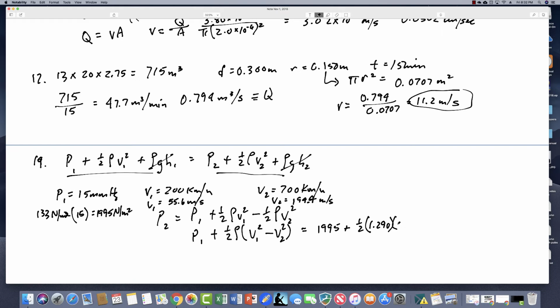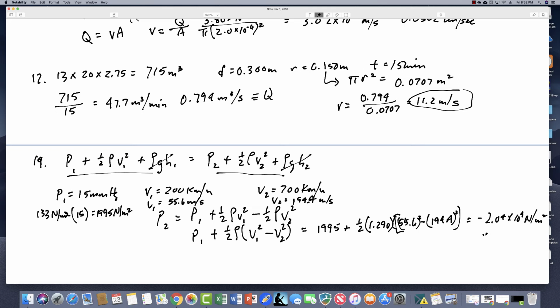And then it's going to be V2 squared, 55.6 squared, minus 194.4 squared. And then if you do the math here, you get minus 2.04 times 10 to the fourth newtons per meter squared.